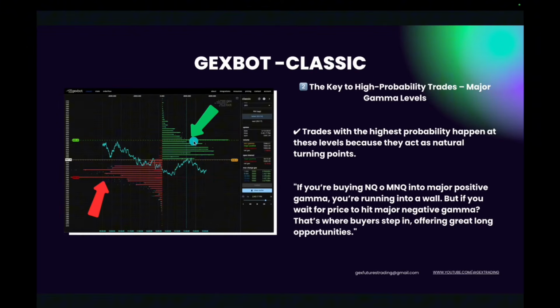You don't buy here because you are running into a wall. But if you wait for the price to hit a major negative gamma here, that's where buyers step in, right? And that's where you have two market participants stepping in at these levels, because they are very sophisticated and very clever traders. They use gamma exposure to see where they can get into the market.